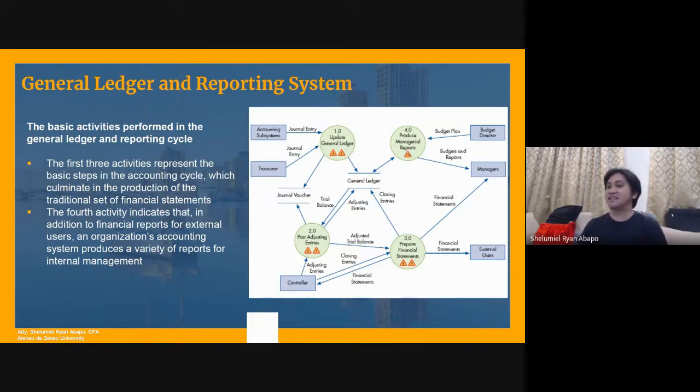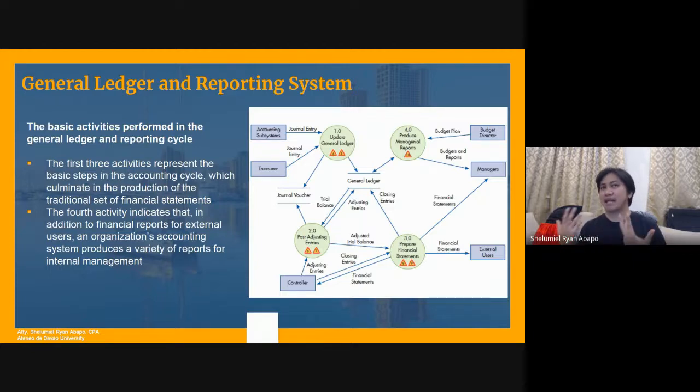The fourth activity, on the other hand, indicates the production now of non-pro forma statements. We call them managerial reports. These are reports that don't follow a certain, a standardized format, but are based now on the requirements or specifications of the management.